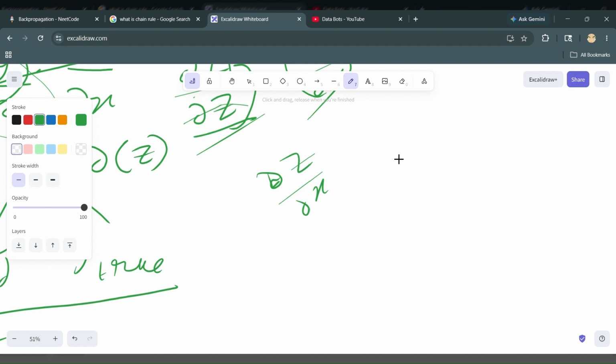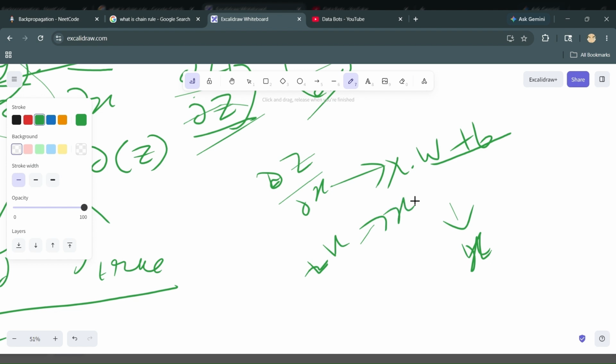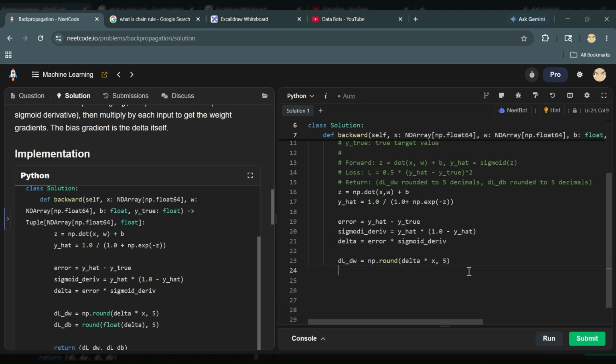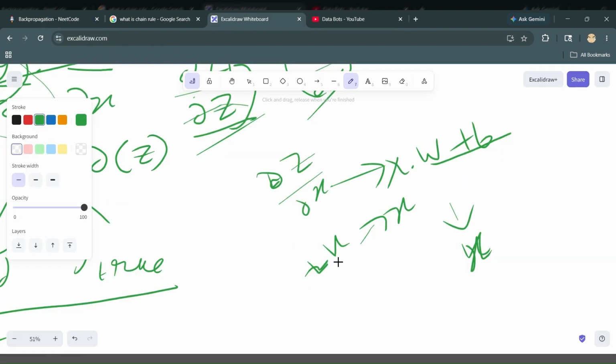What we have here is x times w plus b. So according to differentiation, it will be just x, because we are differentiating with respect to w. These are considered as constants. Like if we have 2x, the derivative of this will be 2. So in the end, we'll just multiply x, and we are adding this 5 because we have this rounded limit. And so in the end, we got this one, dL by dw.